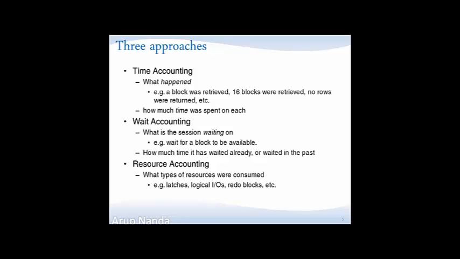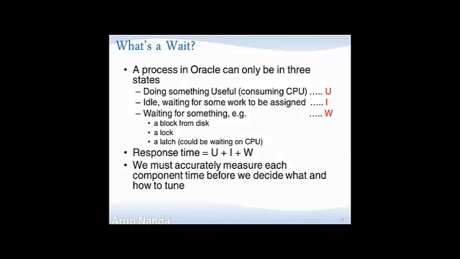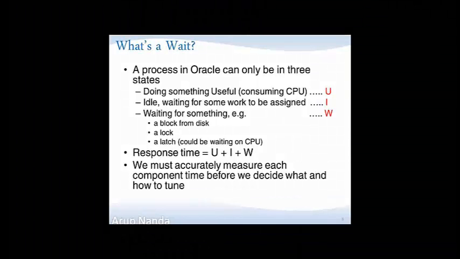For example, we consumed 10% of CPU, 20% of CPU, etc. How many logical buffers were retrieved, etc. It's not time-based. It's simply the amount of data, or the amount of resources consumed as a result of that. It could also be something Oracle specific, for example the number of latches obtained as a result of that, or logical IOs, or the number of redo blocks generated as a result of the activity, etc. So it's not time, it's resource accounting.